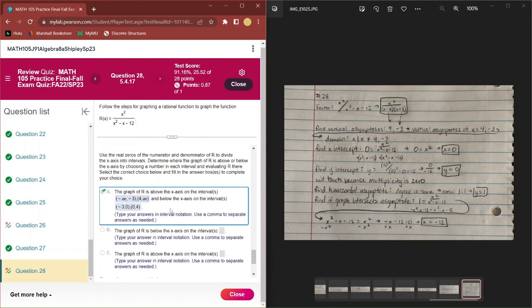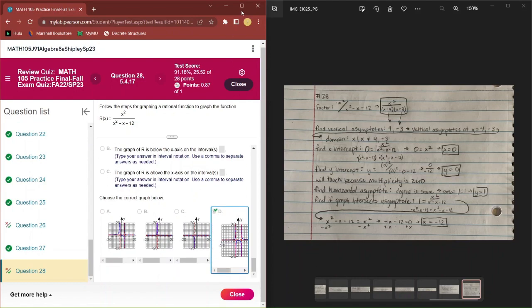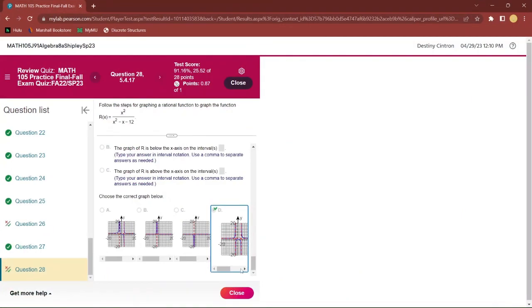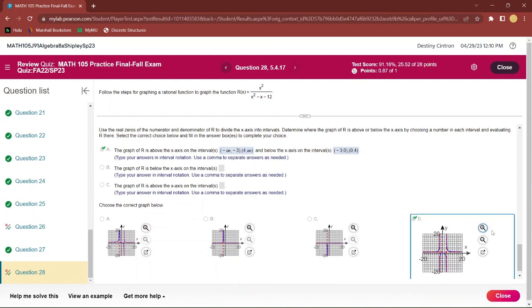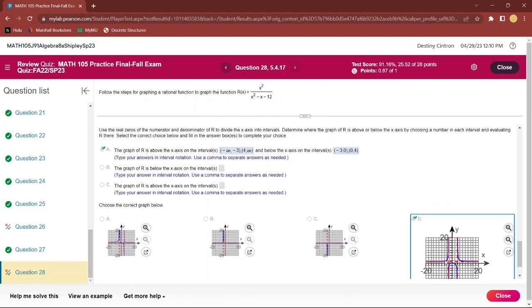Again, here, you use x values. So it's going to be -infinity. Here, let me zoom in on this. Okay, here you can see it's -infinity to -3.